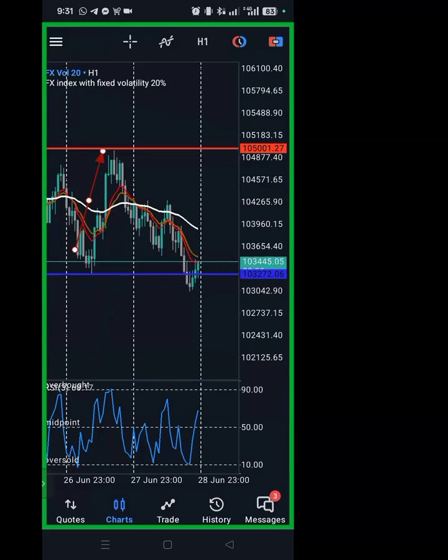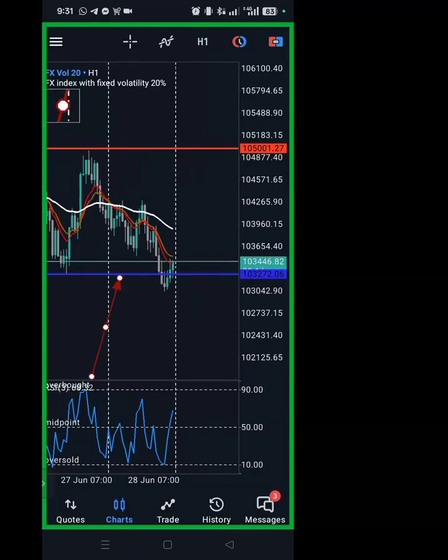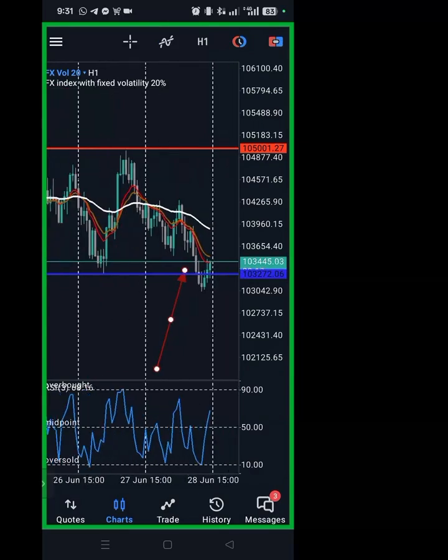If you are trying to move your chart, you need to lock it by pressing and holding. If you press and hold, it highlights. You press and hold again, you have locked it, so that way it won't move in case you are trying to move your chart. And so what we just did now was to pick, on 1 hour time frame, yesterday's low and yesterday's high.